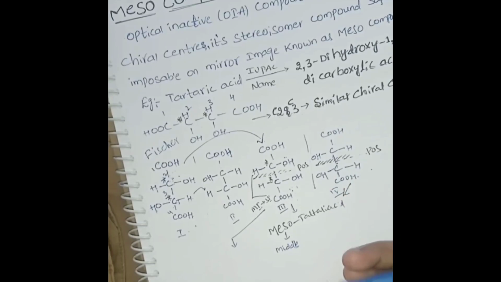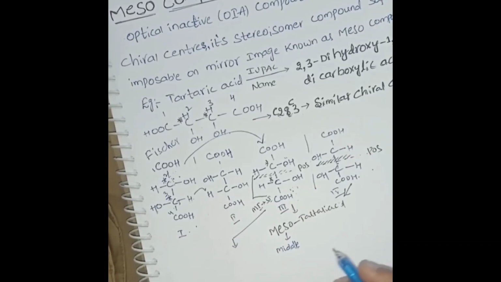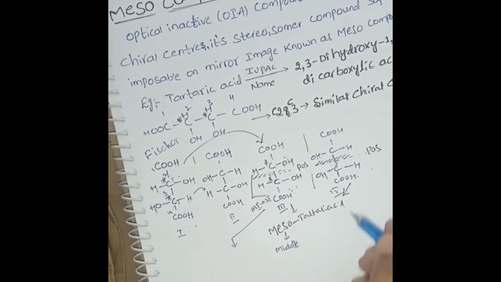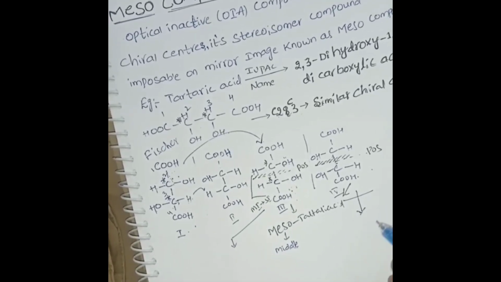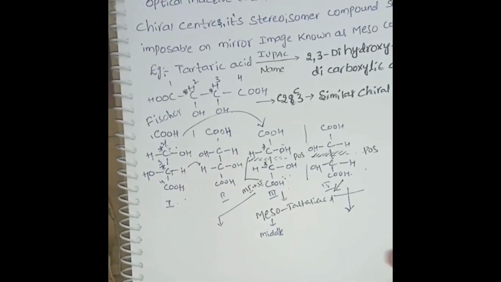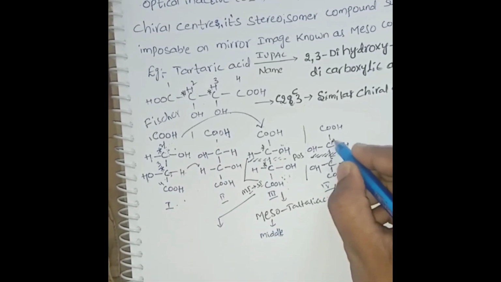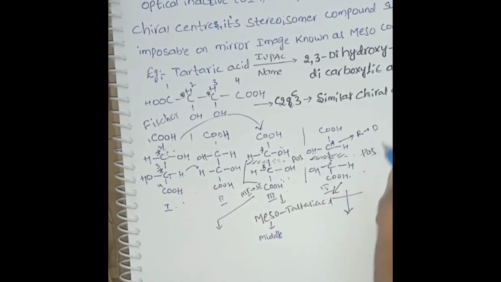In this fourth one, another reason for the meso character of this stereoisomer is this: if this carbon rotates plane polarized light towards the right side, that is dextro rotation, the other, similar chiral center rotates the plane polarized light equally in the opposite direction, that is levo rotation.